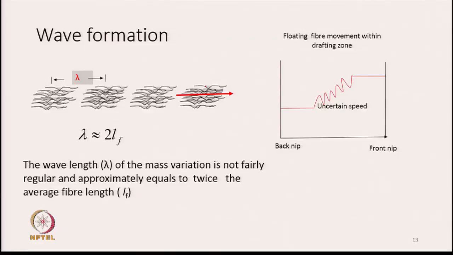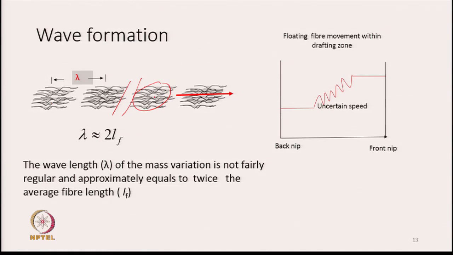So, if there is accumulation in this region, there will be depletion of fibers. Hence, accumulation and depletion will occur in a cyclic manner.